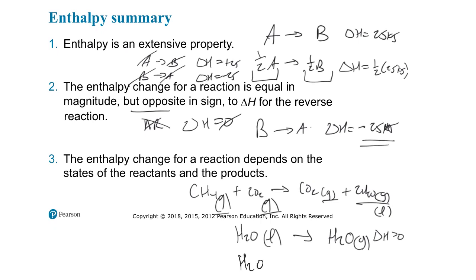Likewise, ice melting is also a case where the delta H can be predicted: all melting processes are endothermic, not exothermic, because the ice has to absorb heat to break the attractive forces holding the solid together. And then if you freeze a liquid into a solid, you go backwards, of course, so that's going to have to be exothermic. Heat's going to have to be released by liquid water to freeze, and vice versa. To condense a gas into a liquid, heat's going to have to be given off in that process as well.